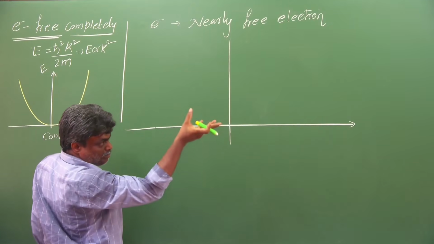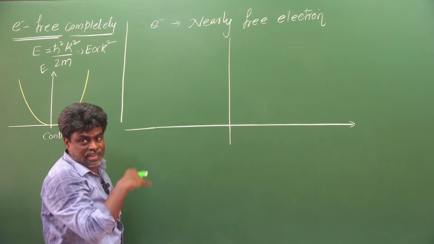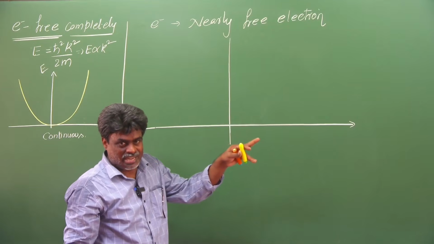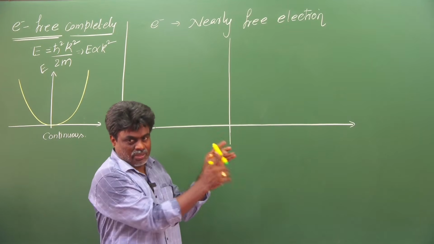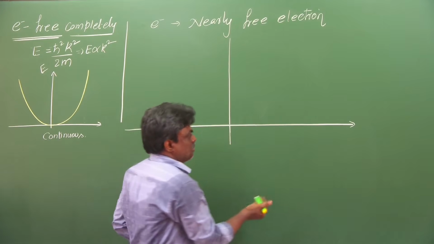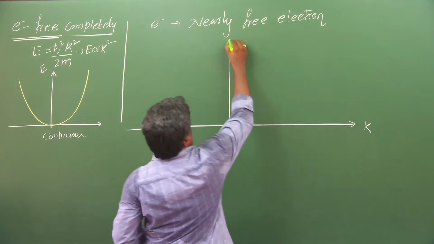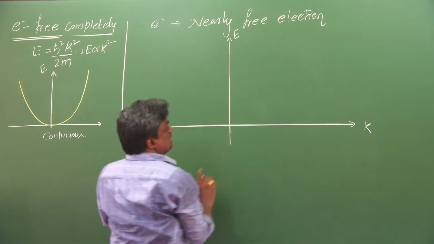Now I am going to represent that in the energy versus K diagram. Where we are getting the discontinuities, that is only telling us they are at the zone boundaries. This is K and I am taking this E. Everyone please listen.